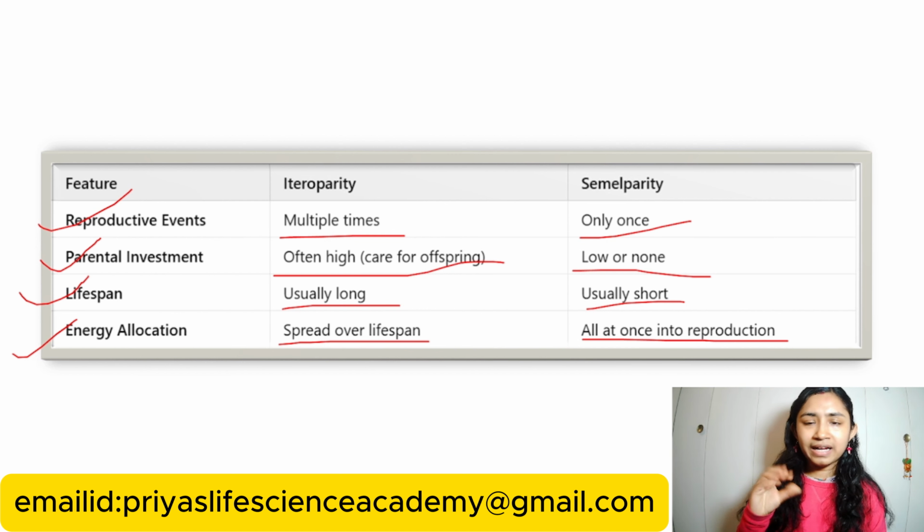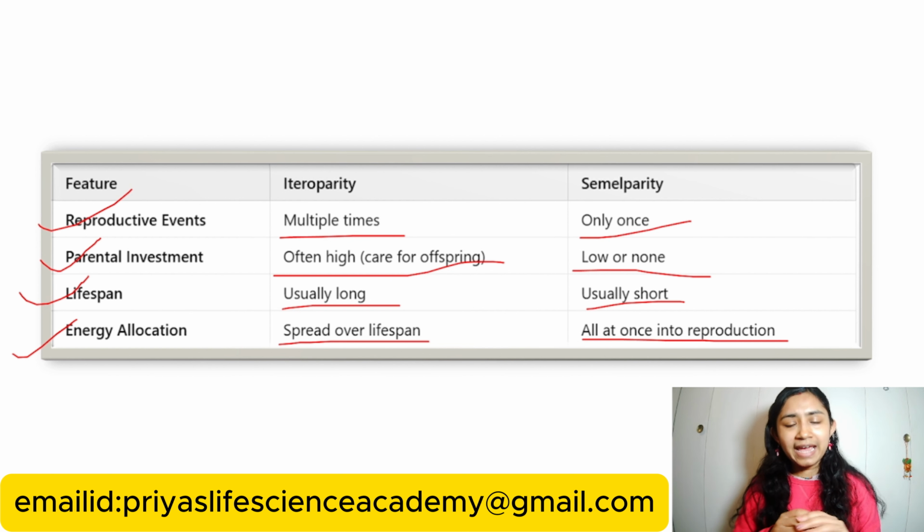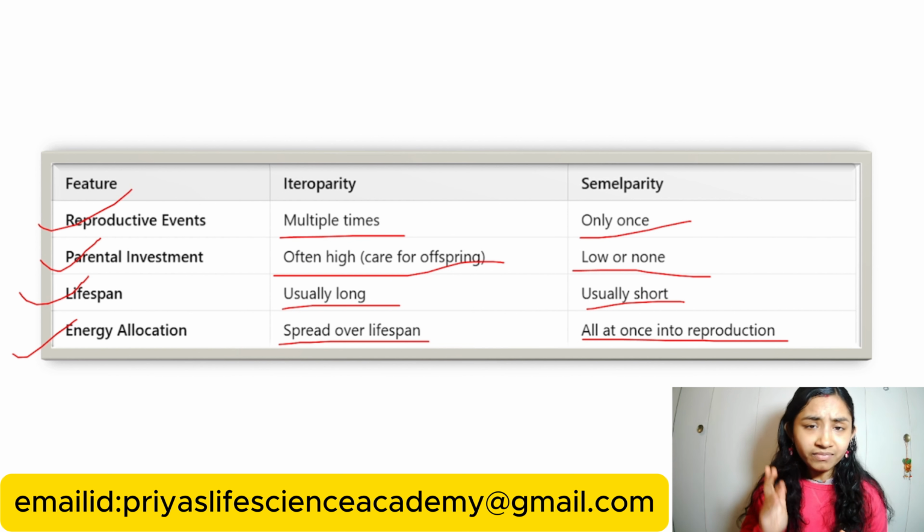So I hope you understood, and from this I hope you remember the survivorship curve I told you. For the animals which go through Semelparity, they are in the type 3 curve, because a lot of offspring are produced and not all the offspring are healthy enough to survive. Once some of them are healthy enough to survive, they then have a growth curve.